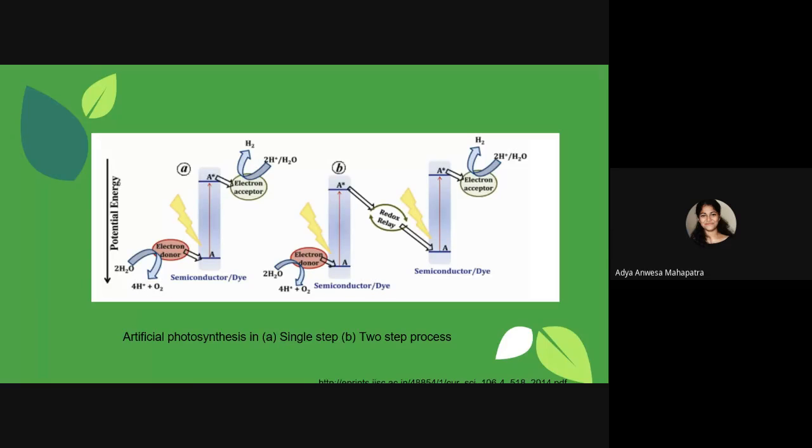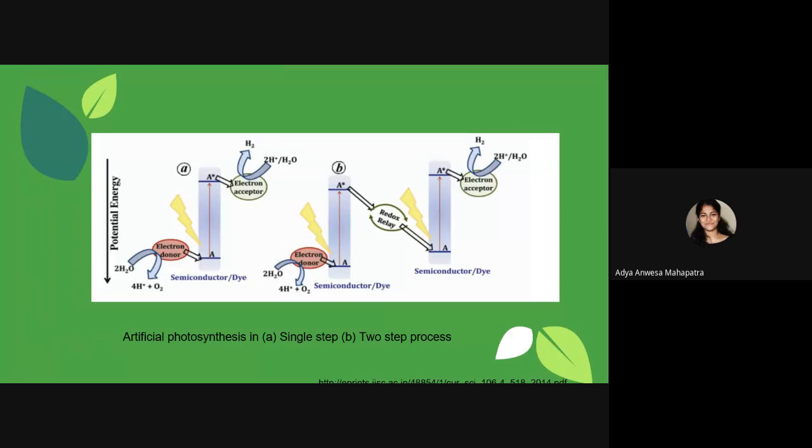Two-step process essentially is the same, but here oxidation half and reduction half take place in two different semiconductors. In one semiconductor, the water is first oxidized to O2 and electrons are released. Those electrons move to the conduction band and then there is a redox relay, which means here we have iron or iodine or any other molecules that will take up the electrons to get reduced themselves.